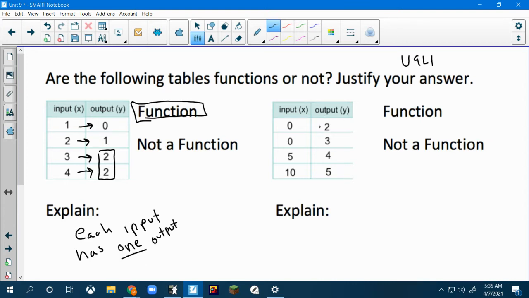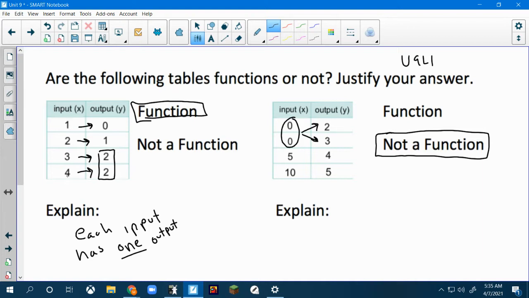Oh, how about this one? 0, 0, 5, 10, 2, 3, 4, 5. In this case, we have the same input that has two different outputs. That can't be a function. You can't say that an input has two outputs.